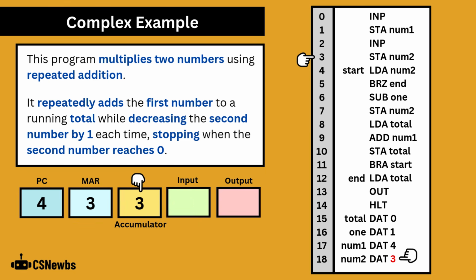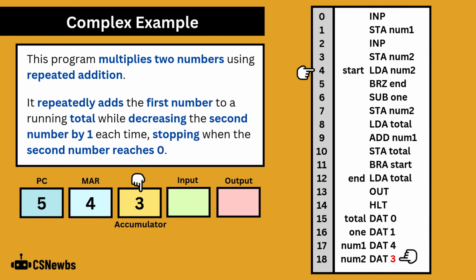What we need to do is add num1 to a running total, the number of times as num2, so 4 plus 4 plus 4, for 3 times in this example. We will take 1 away from the value of num2 each time until it reaches 0, so tracking 3 to make the total 4, 2 to make the total 8, 1 to make the total 12, and then at 0 we stop adding, leaving us with the correct answer of 12.